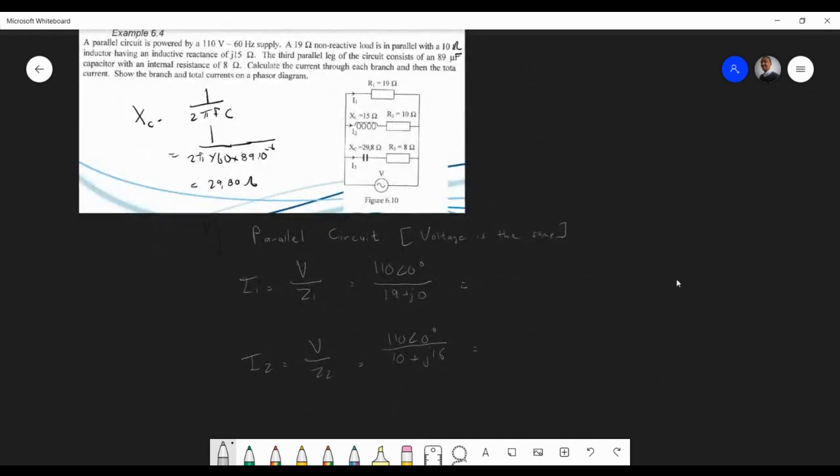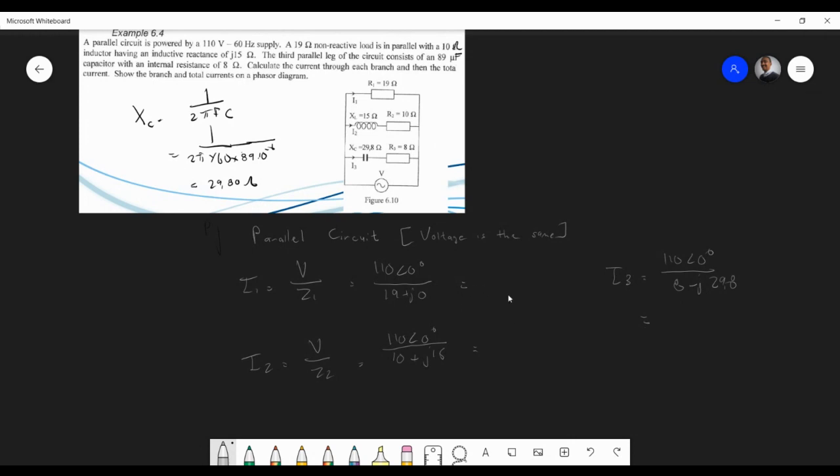We can get that. And then I3 will obviously just be 110 divided by that. That's going to be 8 minus, because of the capacitor, J29.8.